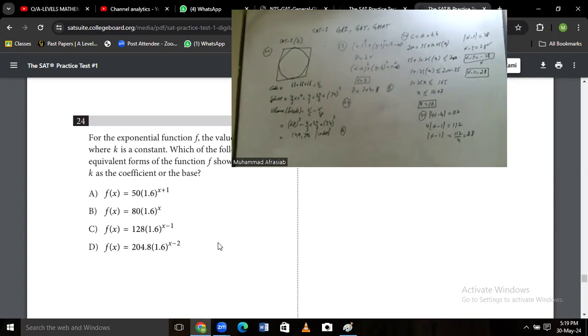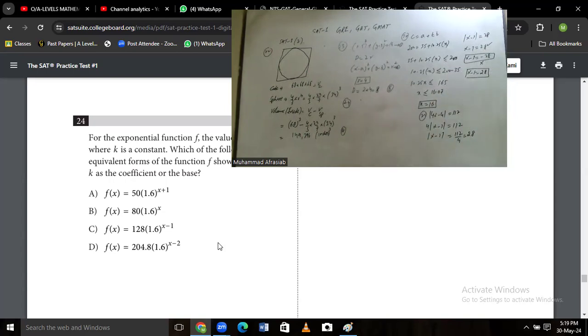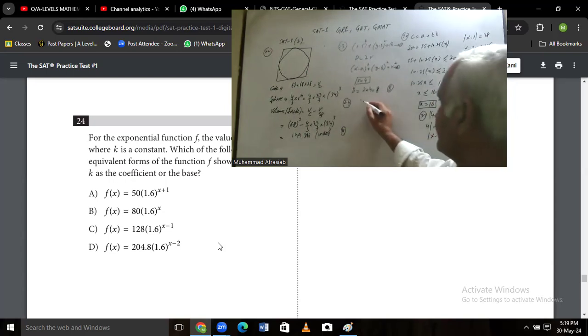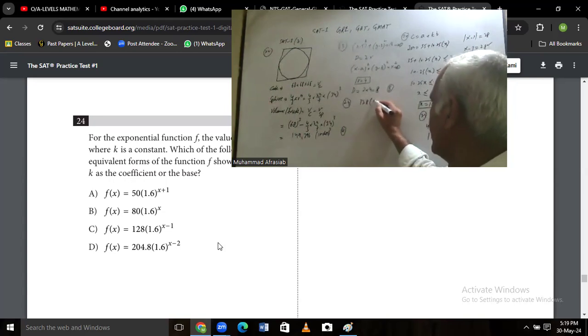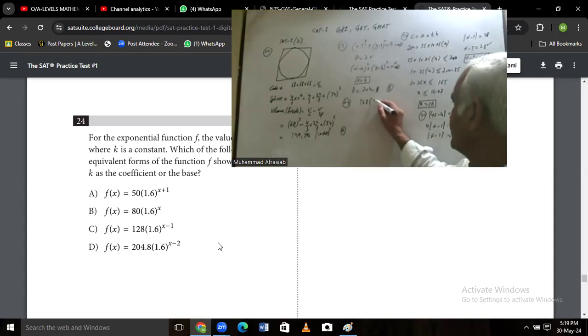If you put in C, 128 into 1.6 power x minus 1, so x is 1, minus 1, that is 0.